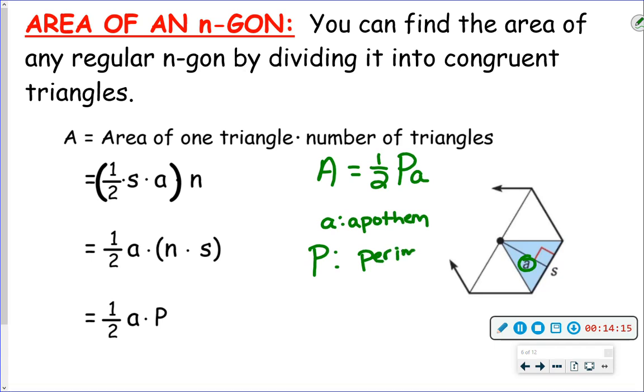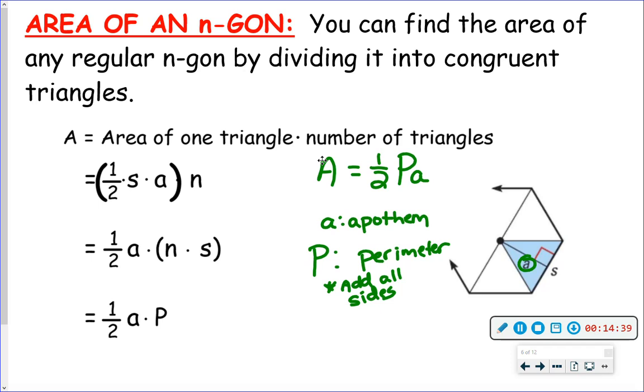How do you find perimeter of any figure? What do you do to all your sides? Add them up. So if you're like, oh gosh, I forgot perimeter, make yourself a note. You're going to add all sides. But I hope we know what perimeter is.